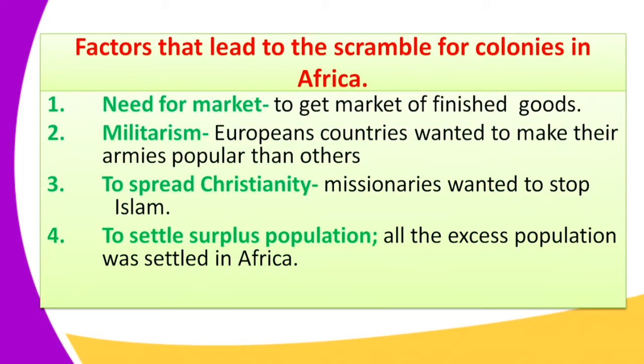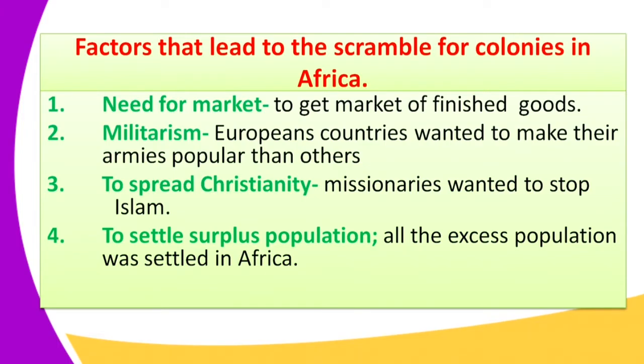The factors include, first, the need for markets. They came to Africa to get a market for their finished goods. Remember, in Europe they had the Industrial Revolution in the 18th century, which saw the rising of so many companies and factories.